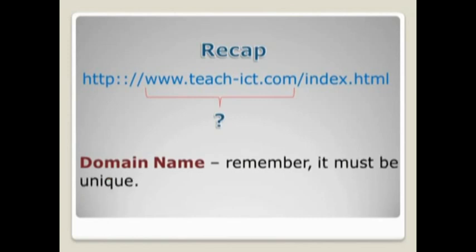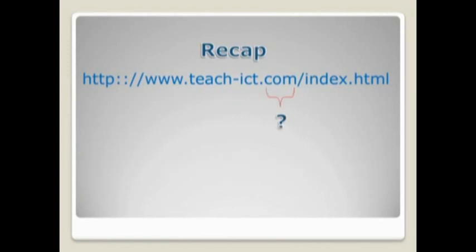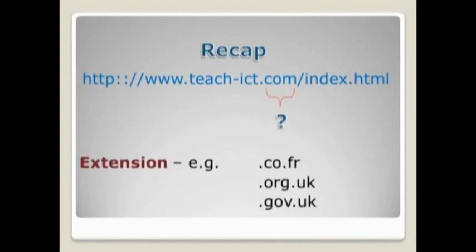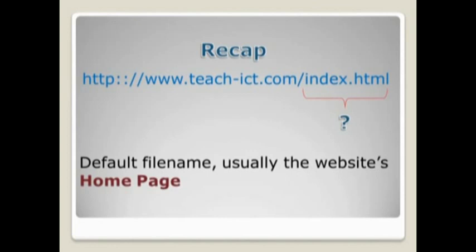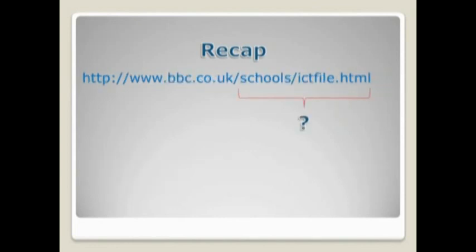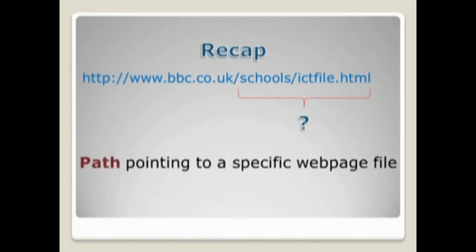Remember, it must be unique. What about this? Extension. And there are many types of extension. And here, index.html. It's the default file name, usually the website's homepage. And finally, this is a path that points to a specific web page within a website.